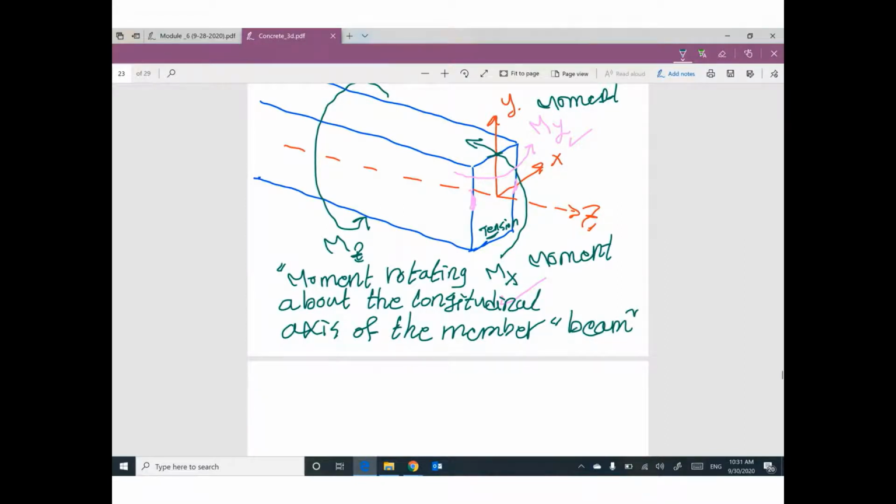Yes, I'm talking about the axis in the longitudinal direction of the member. And this moment is rotating about this axis. In this case, this moment can be called torsion. This moment will rotate your beam.